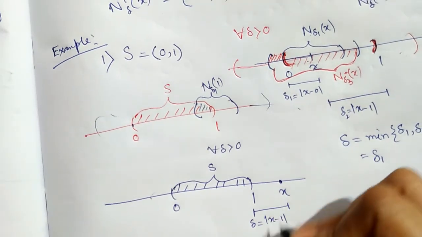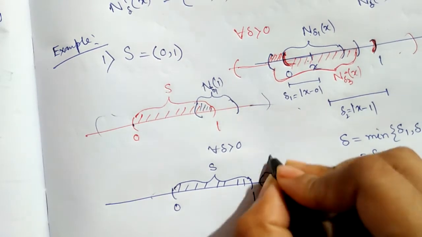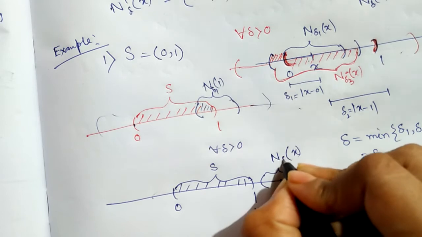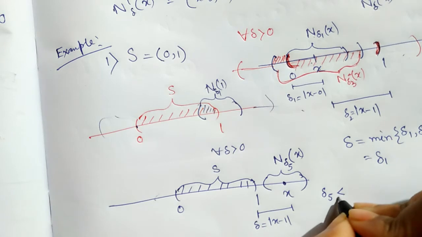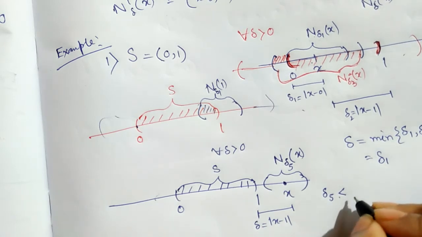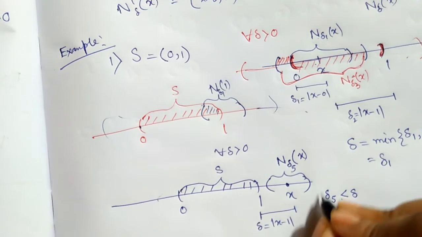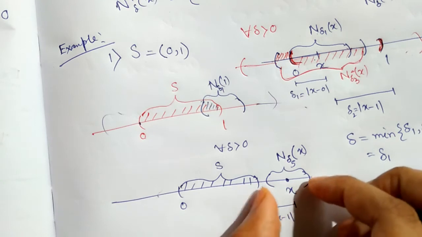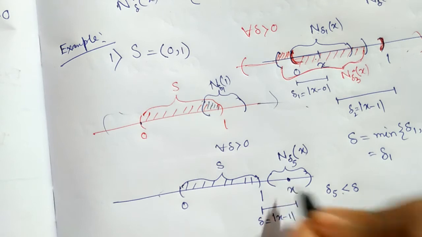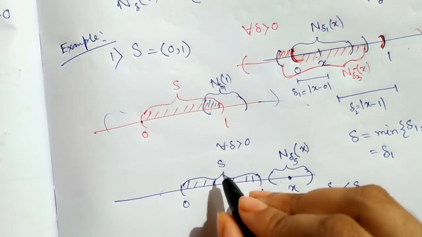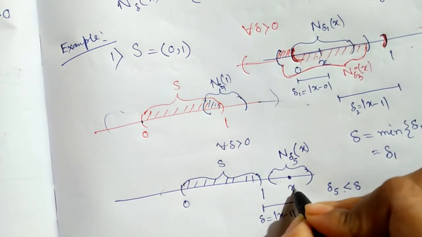So if we take a neighborhood of x with radius delta 5, where delta 5 is less than this distance, then we can see that this neighborhood contains no point of S. So x is not a limit point of S.